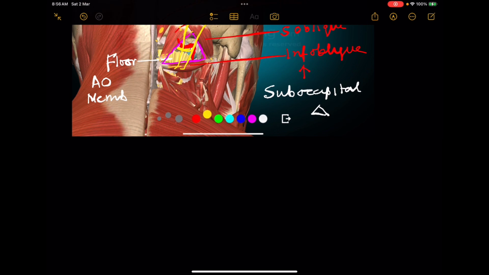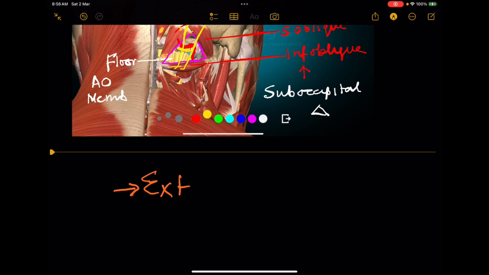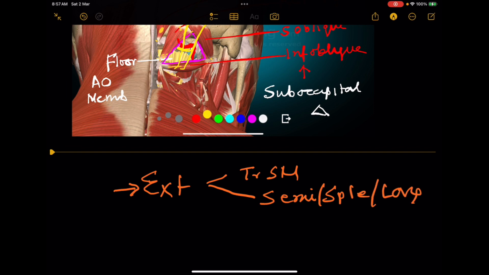The muscles of the cervical spine are divided into extensors. We have covered the extensors. First layer, trapezius and sternocleidomastoid. Second layer, semispinalis, splenius and longissimus capitis.